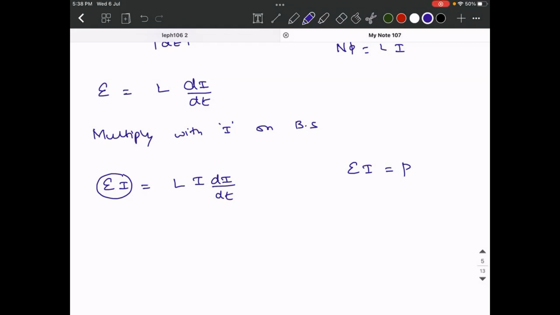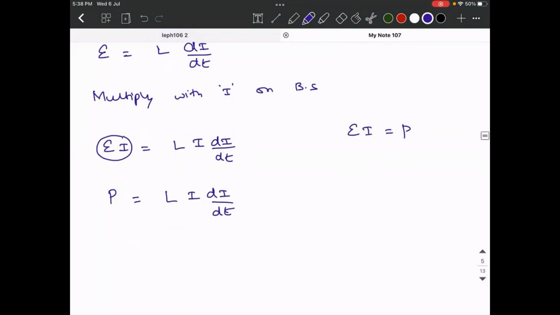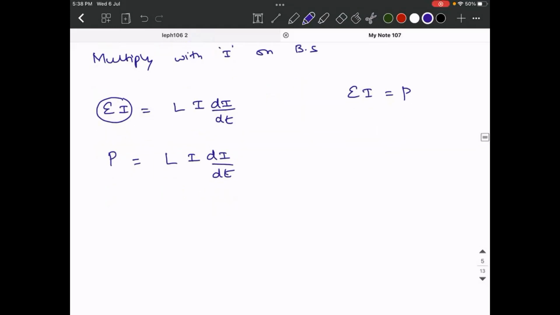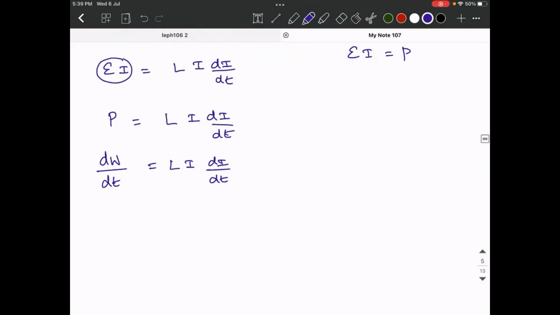So can I write P is equal to L into I into di divided by dt? But what is the basic definition of power? It is work done per unit time. So dW by dt will be equal to L into I into di divided by dt. So dt and dt are lost. You get dW equal to L into I into di.